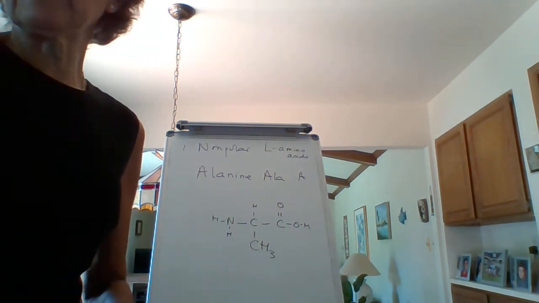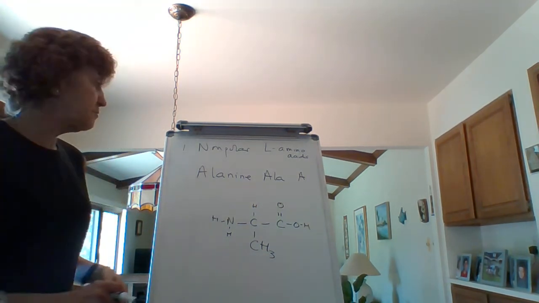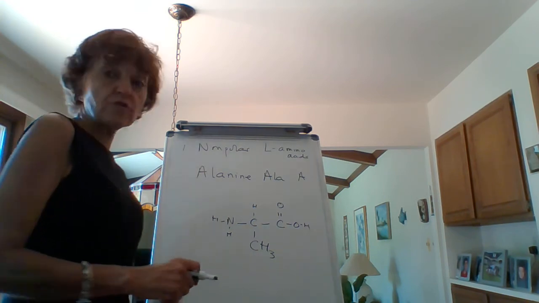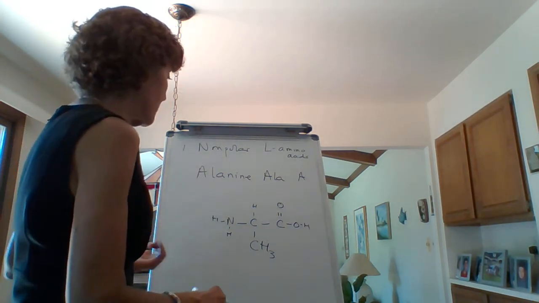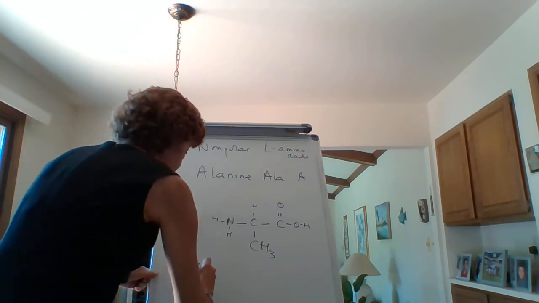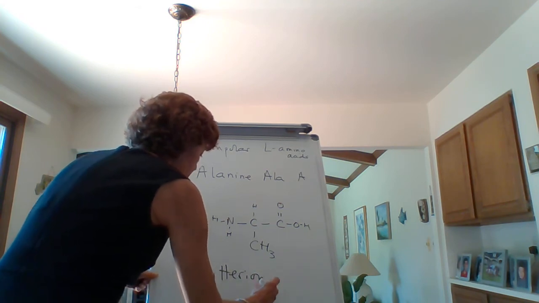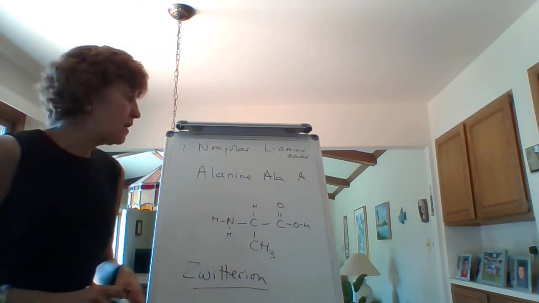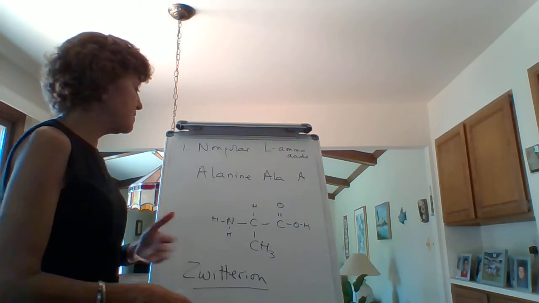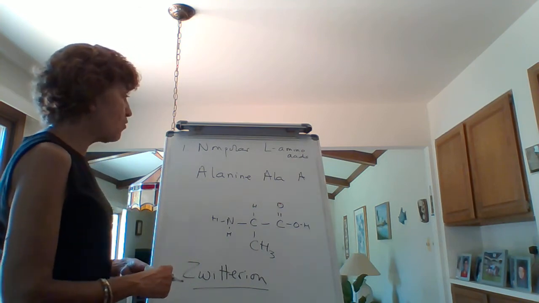I should probably talk about the term zwitterion now because it's a good idea to introduce it early rather than late. The term zwitterion. This is when you have it in ionic form, and amino acids in solution are always in some type of ionic form.